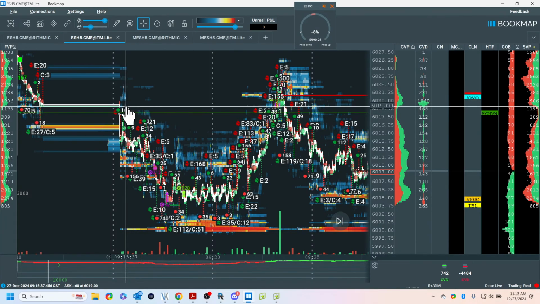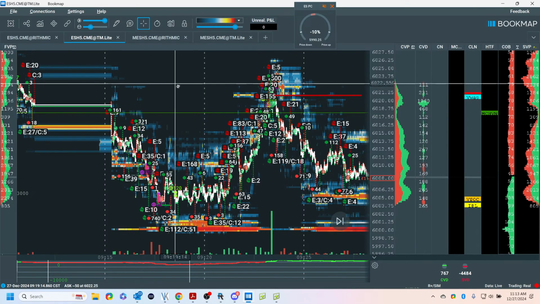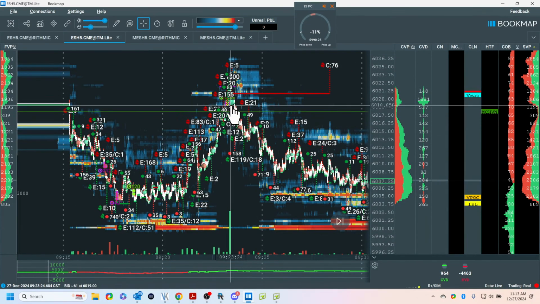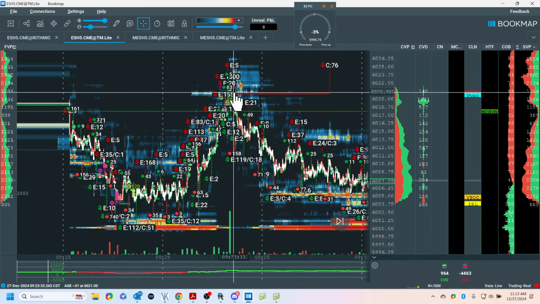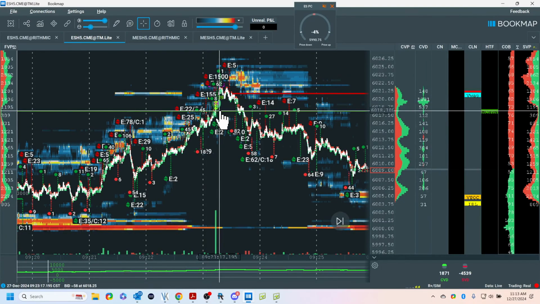Trader Lab, Discord, is there an LVN here? Otherwise, I've got to move on from this. I have a sweep. This sets up a potential short. Trader Lab.